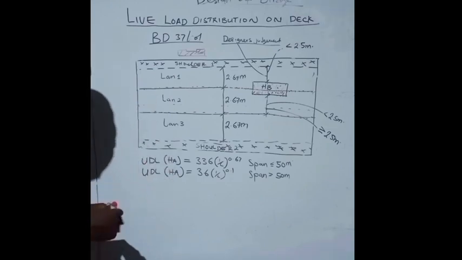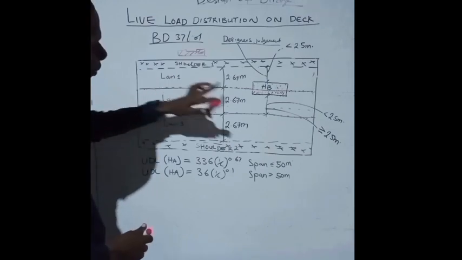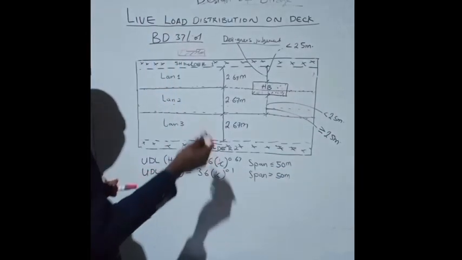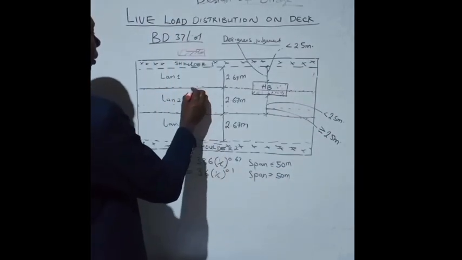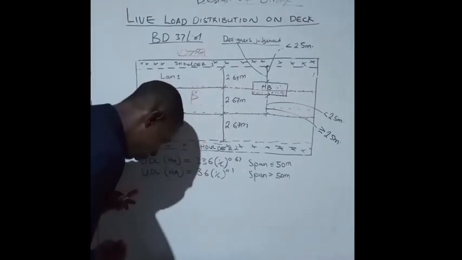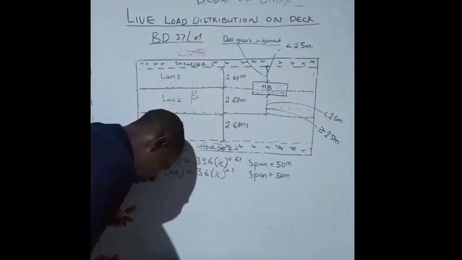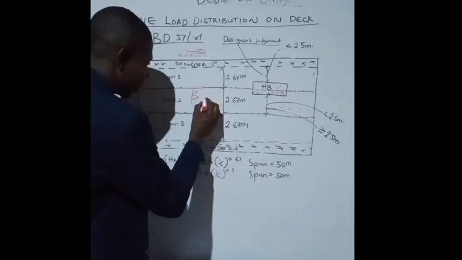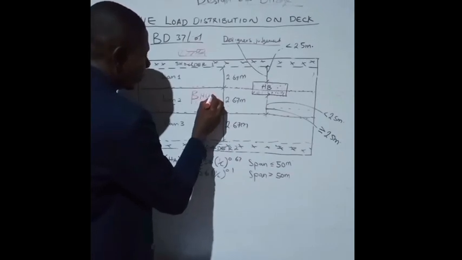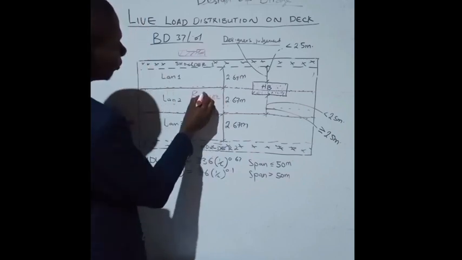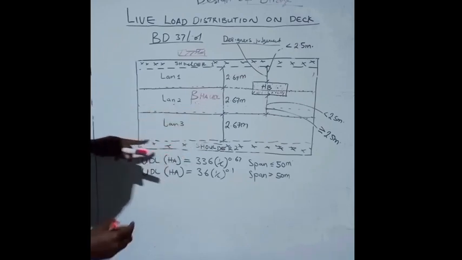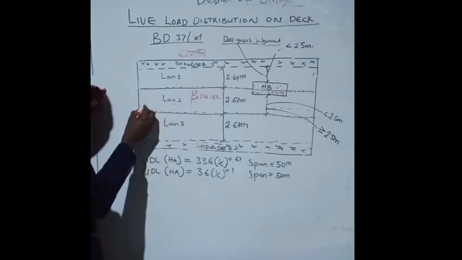Now, in this first lane, if we have this space to be greater or equal to 2.5, is it going to be beta 1 or is it going to be beta 2? It's going to be beta 1 of your HAUDL. So you are going to have beta 1 of your HAUDL for this particular thing.